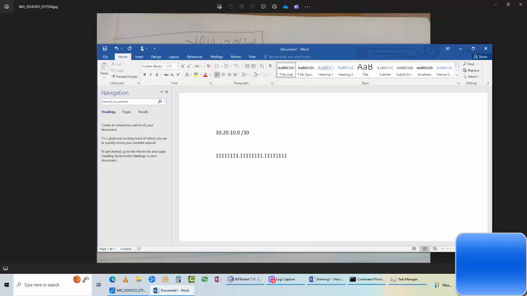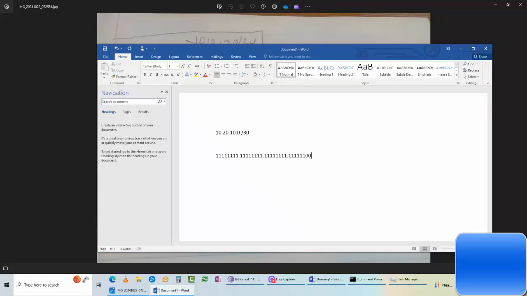That is 24, so we're still going into the last octet. That's 24, 25, 26, 27, 28, 29, 30. So that is our slash 30.